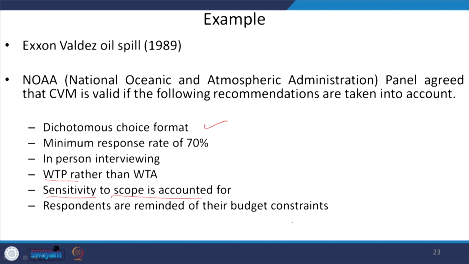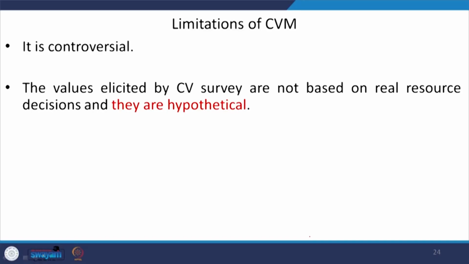And another thing that must be taken into account is that respondents must be reminded of their budget constraints. Suppose you are asking a person, and you know from his background data that his income level is not so good, but when asked about his willingness to pay for a particular environmental attribute, he says something very high. In that context the responsibility of the interviewer is to remind the respondent that on the basis of your information and income, how will you be able to pay this much for this environmental quality.